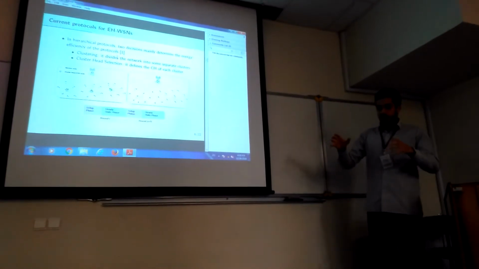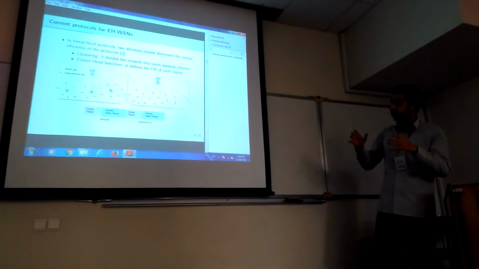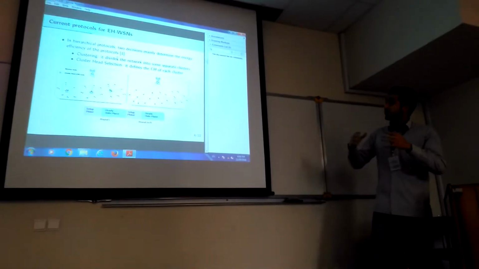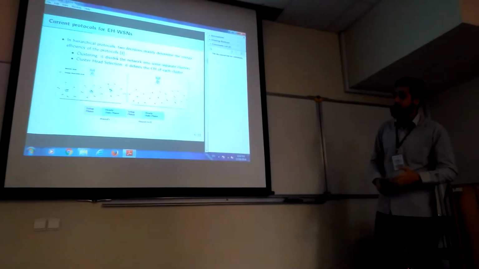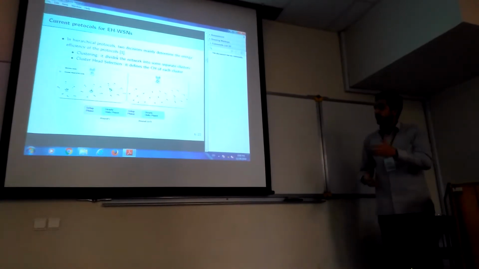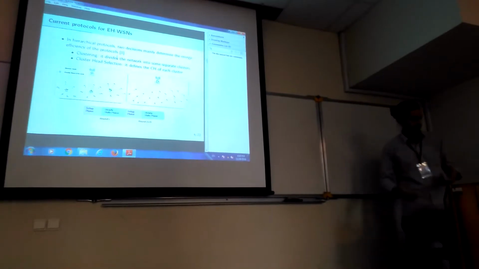At the setup phase, a couple of new cluster heads are selected to balance the energy consumption all over the network. And so, 2 decisions mainly determine the energy efficiency of hierarchical protocols. First, the clustering technique, and second, the cluster head selection approach.